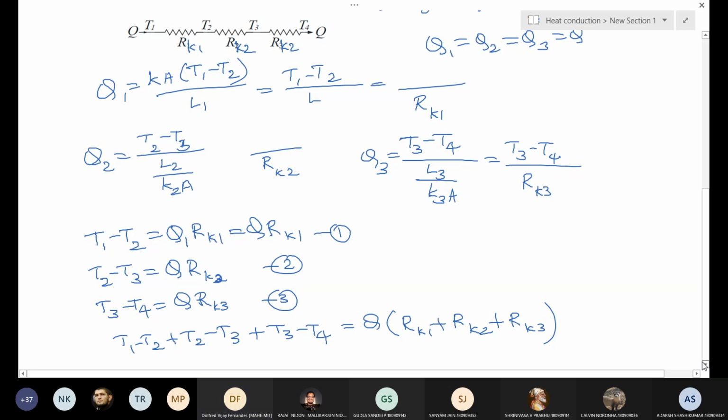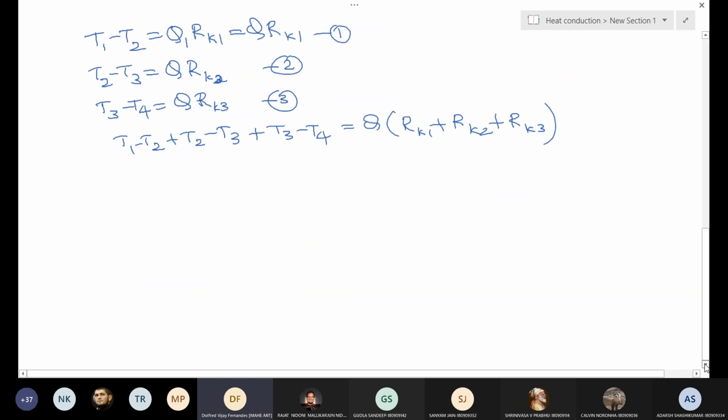Simply, on the left hand side the intermediate temperatures cancel, so the overall temperature difference is enough for us to calculate the heat transfer rate, but the resistances have to be added up.